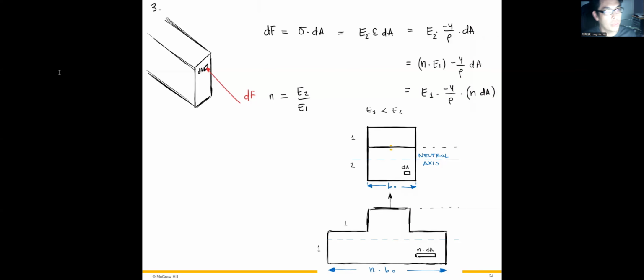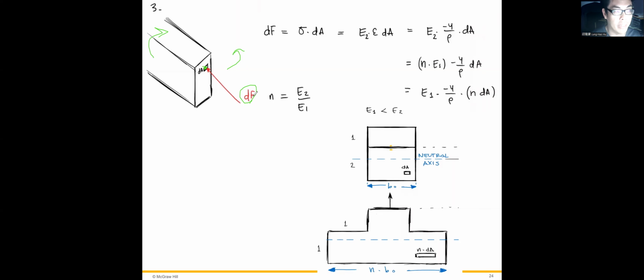Okay, so suppose we look into the small element A again, under bending, with a small force applied to it. As I mentioned, we have to modify the width but not the height.